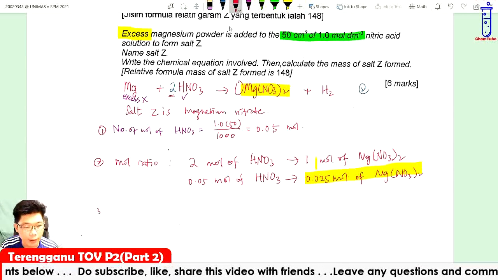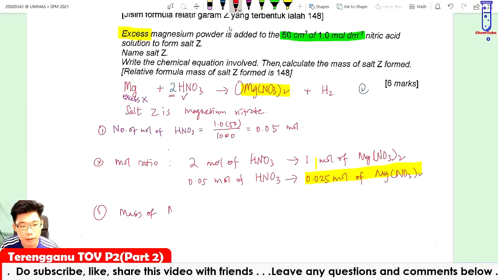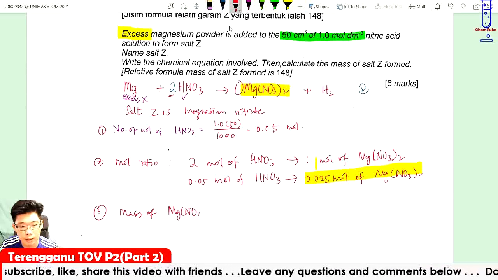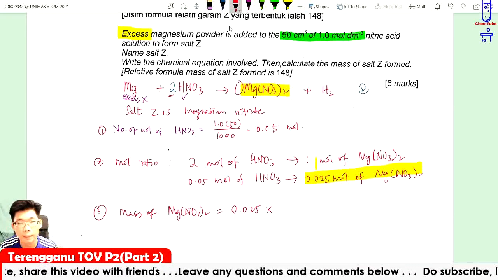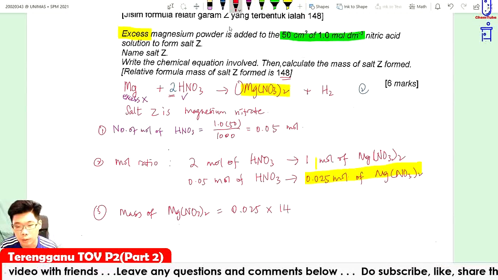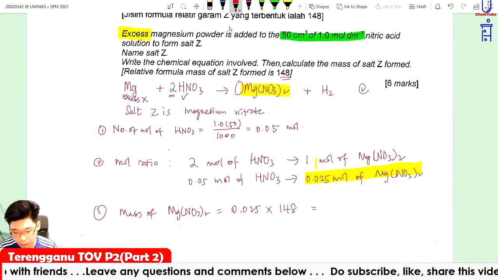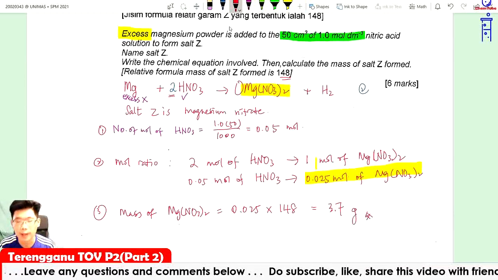So we can find the mass of the salt, right? So magnesium nitrate. You have the mole, 0.025 times the molar mass is given to you is 148. So you will get 3.7 gram. Okay.